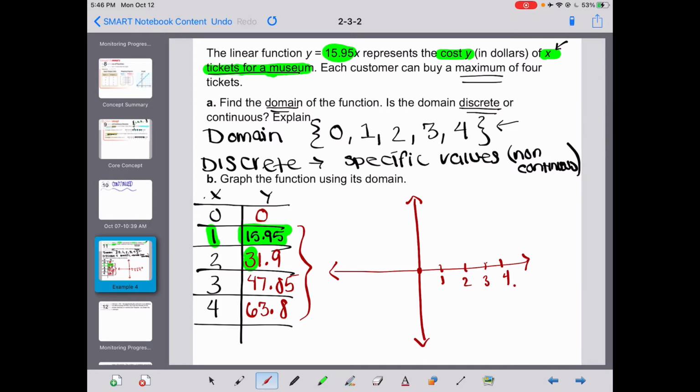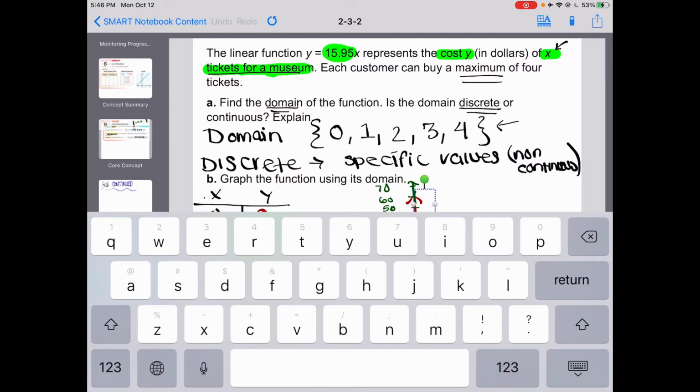So I'm going to go by tens here due to the space I have. If you can do more, great. $10, $20, $30, $40, $50, and I'm going to extend that. $60, and we'll go up to $70. And then estimate. So 0, 0.